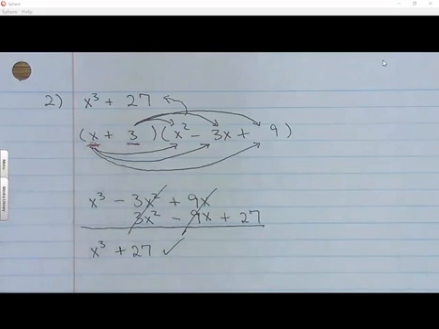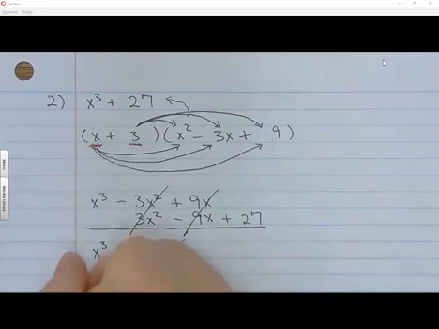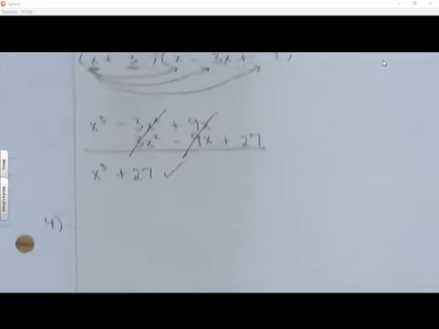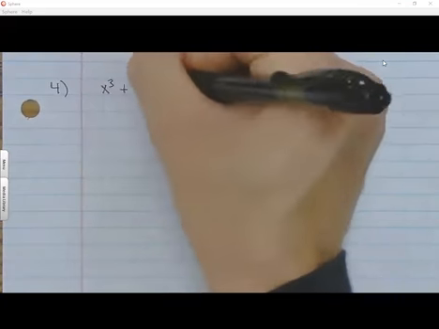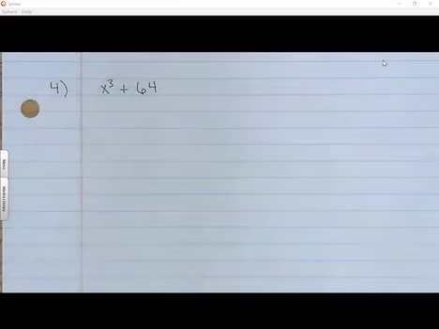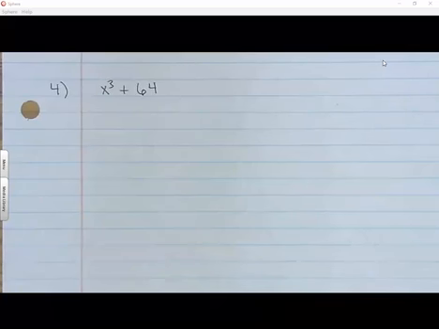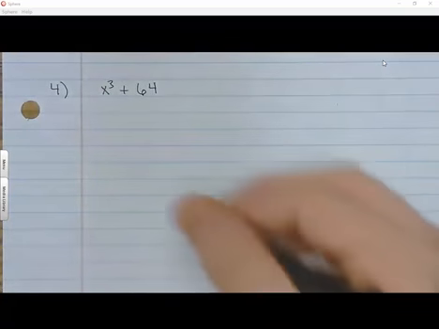We're going to be checking number 4. Okay, so 4 says x cubed plus 64. Now, when we did this problem, we found out that we had to take cube roots, right?